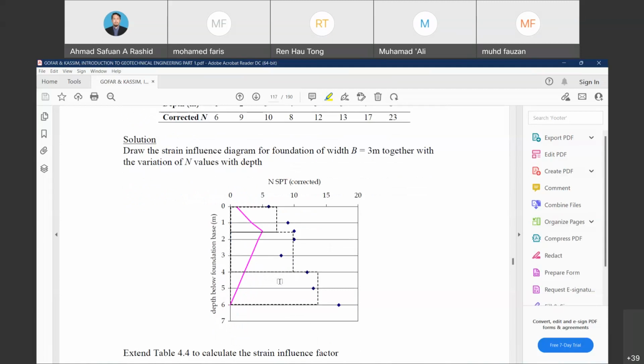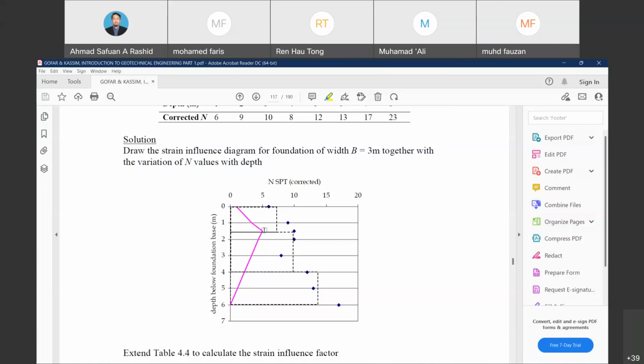If you want to group into several groups, the problem is you need to determine the value of the Iz at a certain depth. For example, from 0.1 to 0.5 it is very straightforward, and you can get the average: 0.1 plus 0.5 divided by 2, so 0.3 is the Iz.